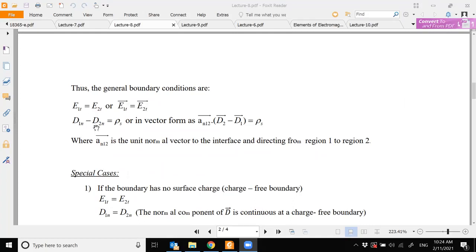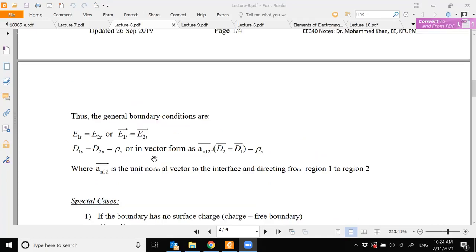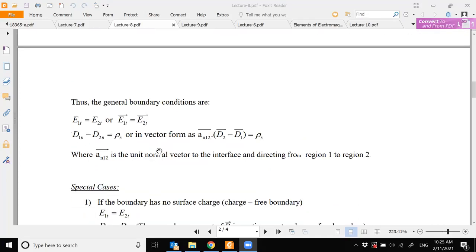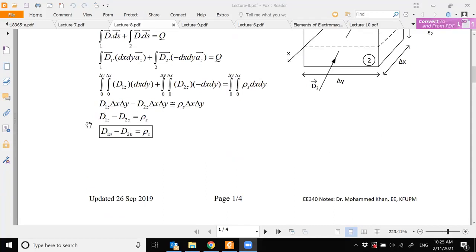Then D1 normal minus D2 normal is equal to rho s, that is the normal component. Now if you see here, the normal components are not equal, because we are not getting D1 normal equal to D2 normal. So we can say that the normal component of electric flux density at a boundary is discontinuous.